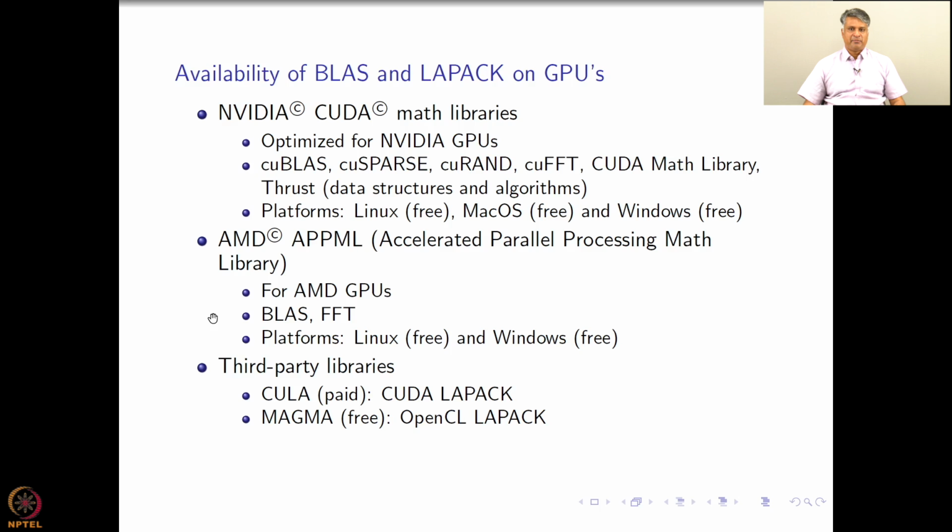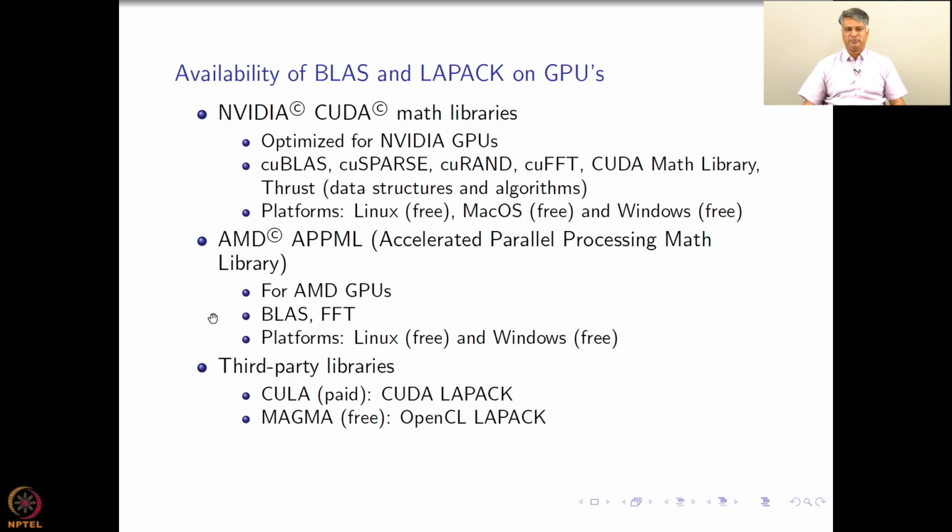So BLAS and LAPACK are also available on GPUs. So NVIDIA CUDA math libraries, which are optimized for NVIDIA GPUs, like cuBLAS, cuSPARSE, cuRAND, and cuFFT, the CUDA math library, and then we have already seen what Thrust is. Supposing that you have another accelerator apart from NVIDIA CUDA, you also have the AMD APP ML, the Accelerated Parallel Processing Math Library.